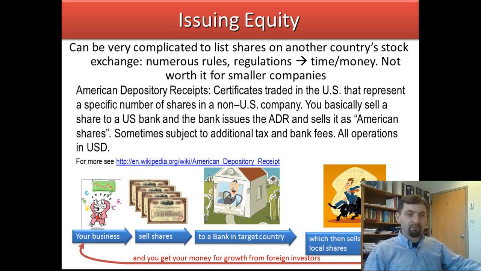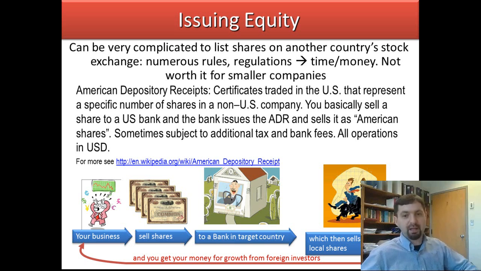Those pieces of paper issued by the local bank in the country where you're selling them would then be sold to potential investors. By going through a bank, you obviously will be losing some amount of money, because the bank will want some portion of the profits. But at the same time, you will not have to go through the hassle of enlisting your company in that specific country. The bank basically exchanges your pieces of paper that represent your company for pieces of paper that represent those pieces of paper.